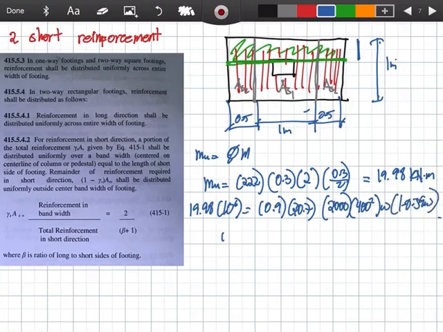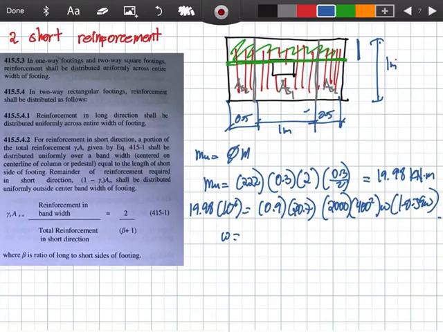So, ano ang omega? In our calculator, 19.98 times 10 raised to 6 equal to 0.9 times 20.7 times 2,000 times 400 squared times x times (1 minus 0.59x).